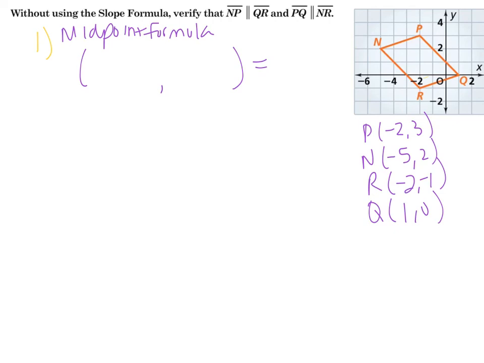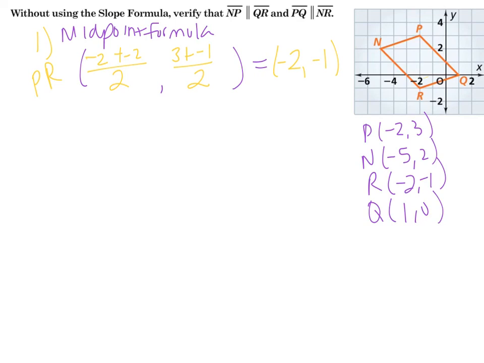So if I want to find the midpoint of PR, I'm going to add the two x's, so -2 plus -2 over 2, and then the y's for PR, so 3 plus -1 over 2. -2 plus -2 is -4, divided by 2 is -2. And then 3 plus -1 is 2, divided by 2 is 1. So the midpoint of PR is -2, 1.